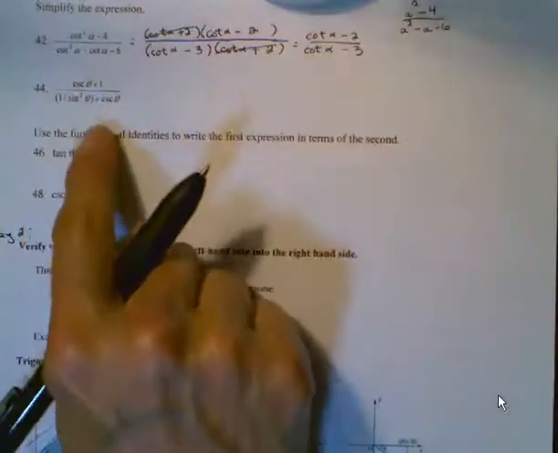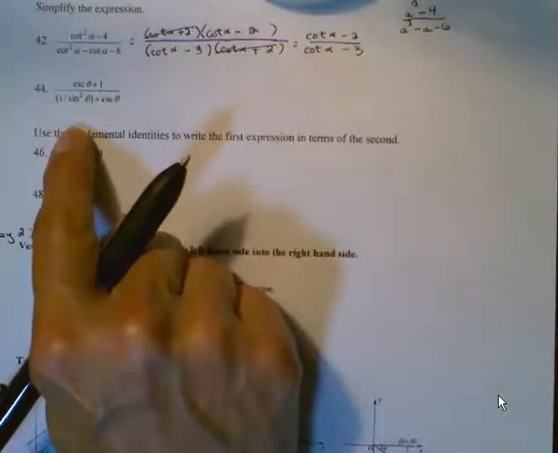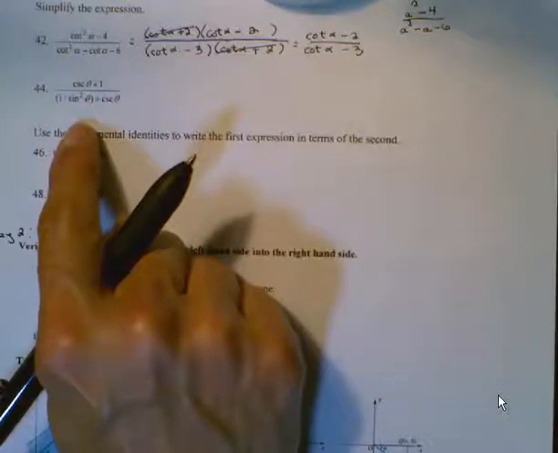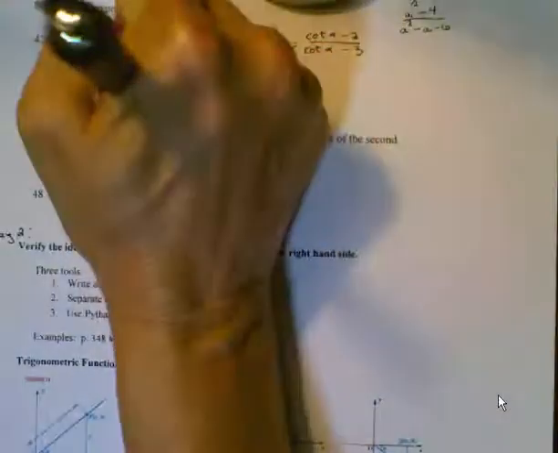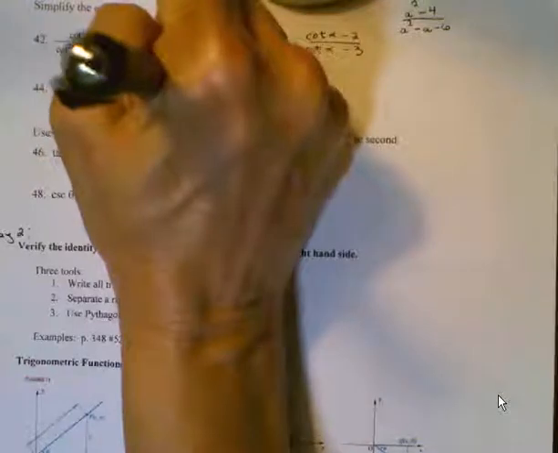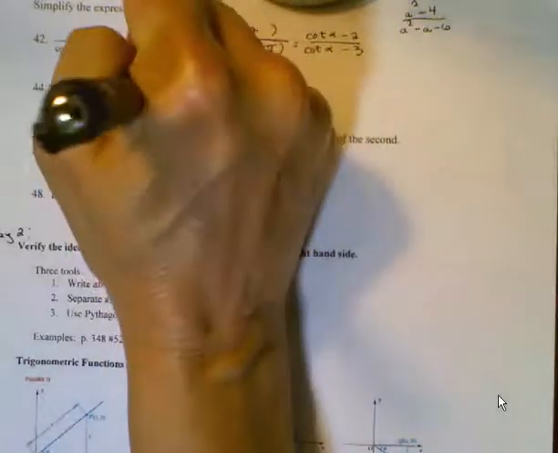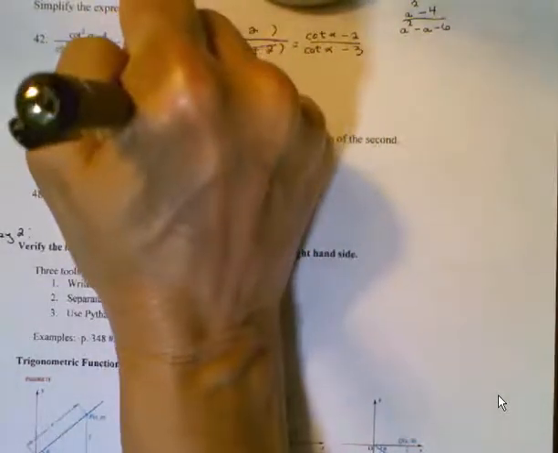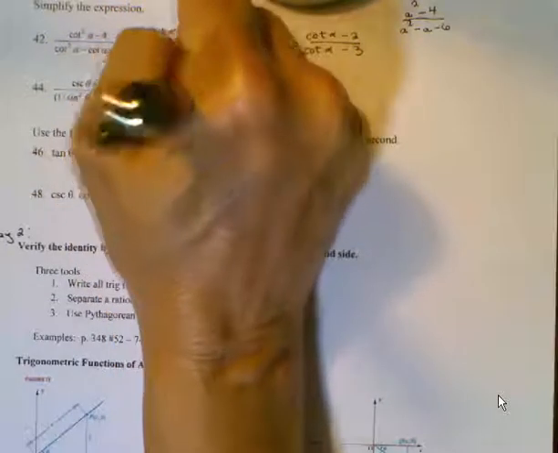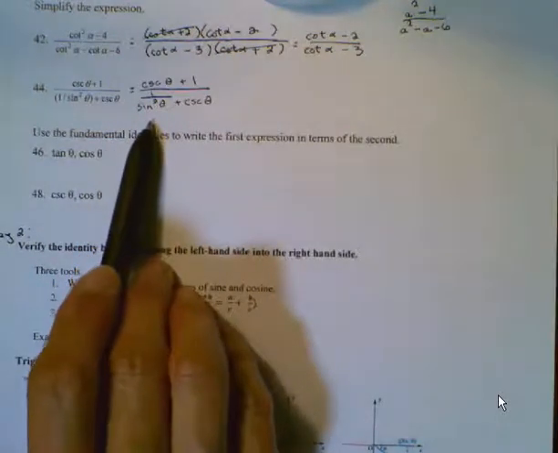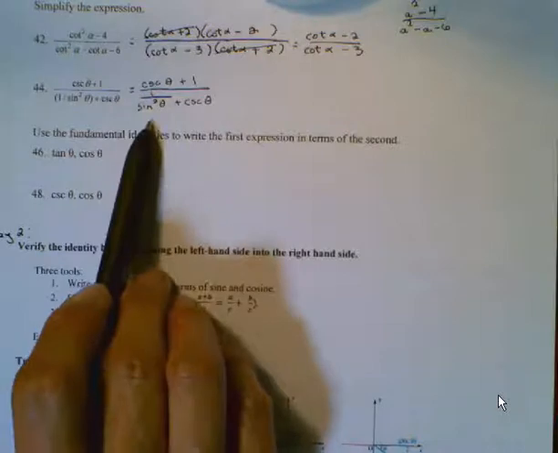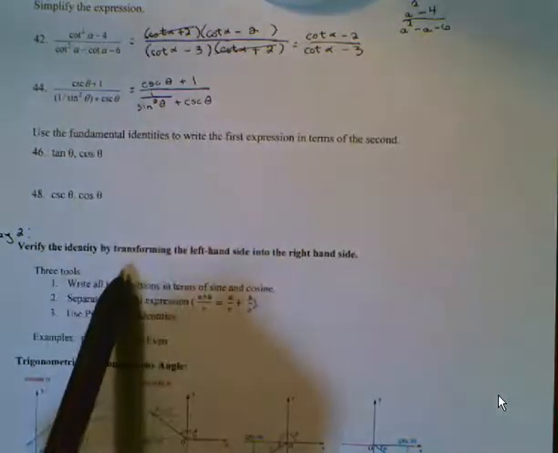Number 44 is a complex rational expression. It's a baby fraction within a big fraction, and the way that's written with the sideways slash, it's a little bit hard for me to see exactly what's going on. I'm going to rewrite it with a more vertical representation of that fraction, and then I can really see it's a baby fraction within a big fraction.